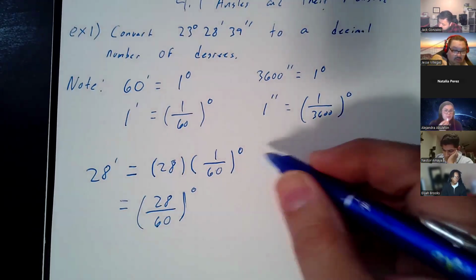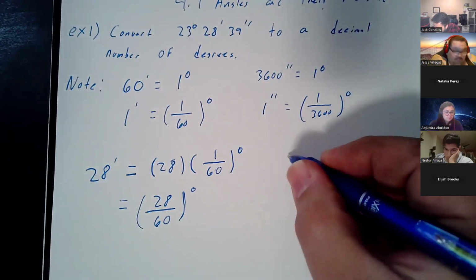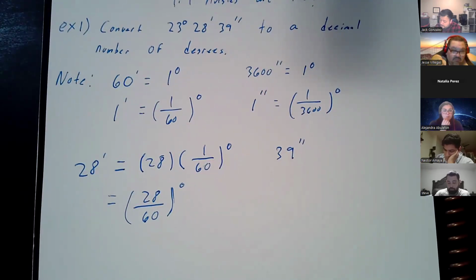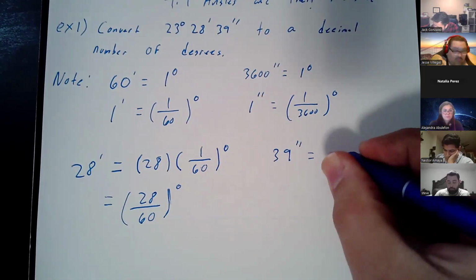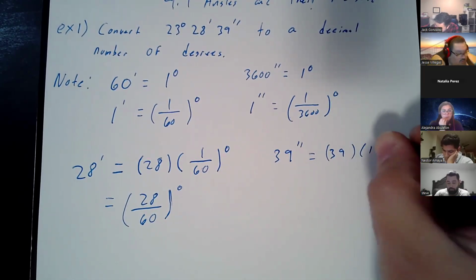So now let's do the seconds on this side. So 39, this time I'll show the extra step so you can see what I'm talking about. So 39 seconds is equal to 39 times 1 second, right?